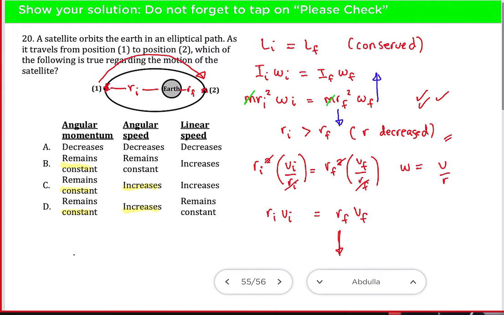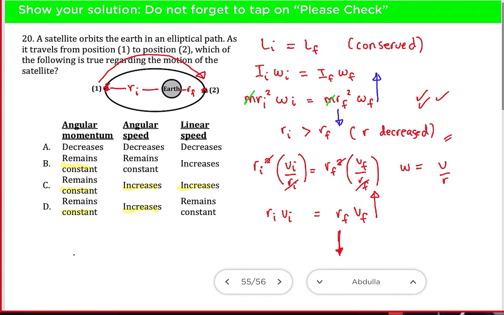If we decrease the radius, our linear speed should actually increase in order to maintain the equilibrium. So in that case, the answer is going to be letter C. So angular momentum is always conserved, and when we decrease the radius, then the angular speed will increase as well as the linear speed.